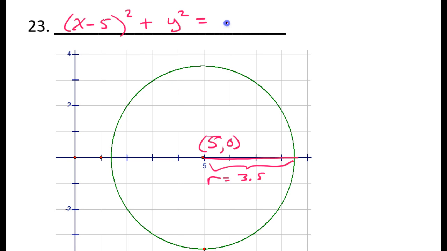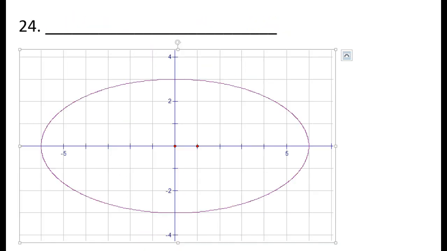Okay, so I need to do 3.5 squared. What's that? I feel like I should go ahead and actually square this. That comes out to be 12.25. So that's it for number 23.